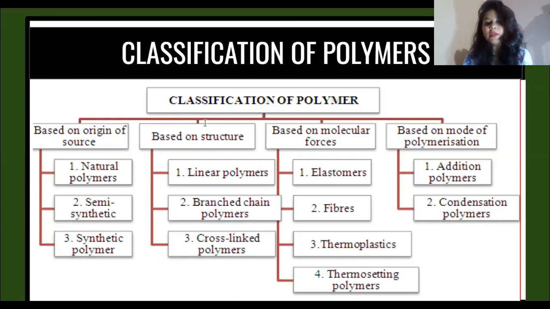Now if I talk about classification based on structure, polymers are categorized mainly into linear, branched, and cross-linked polymers. Now let us understand what exactly we mean by linear polymers.